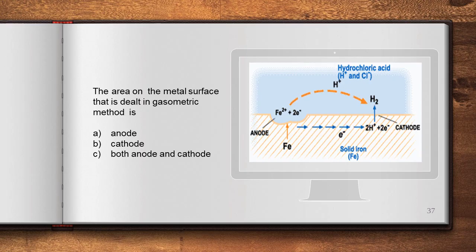At the anode, the oxidation process takes place. Iron loses its electrons, and these lost electrons are utilized at the cathode for the liberation of hydrogen gas. Therefore, the area on the metal surface that is dealt with in gasometric method is cathode.